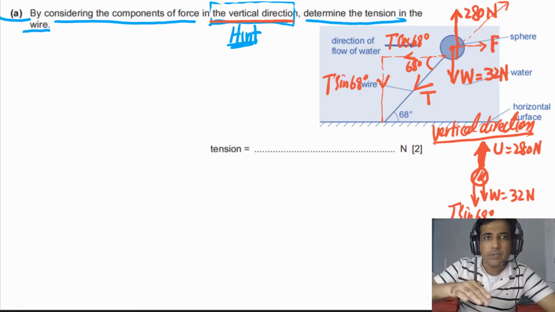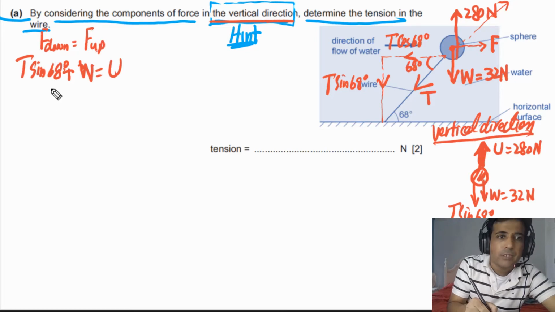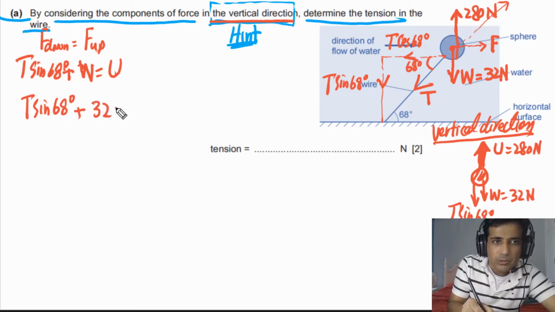The sphere is not moving along the vertical, not moving up and down. It simply means that T sine of 68 degrees plus W is equal to upthrust, or simply you can say downward forces in this case are equal to upward forces. So we can write T sine of 68 degrees, W is equal to 32, and U is equal to 280.